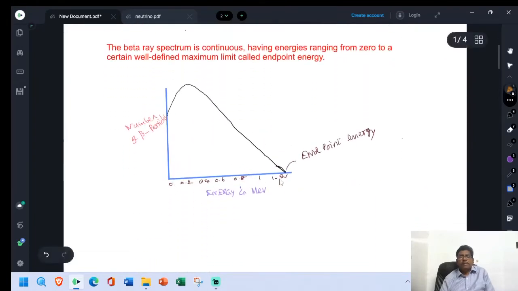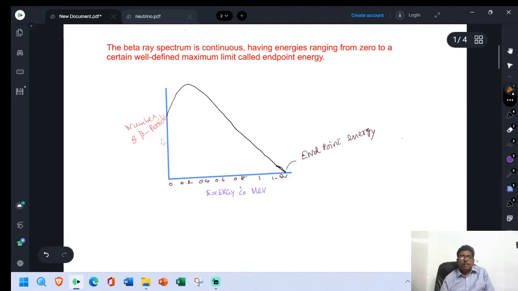Now come to this diagram. Here the x-axis represents energy in MeV. The y-axis indicates the number of beta particles emitted. The curve shows that more and more particles lie in the low energy region. Only a few particles have high energy.